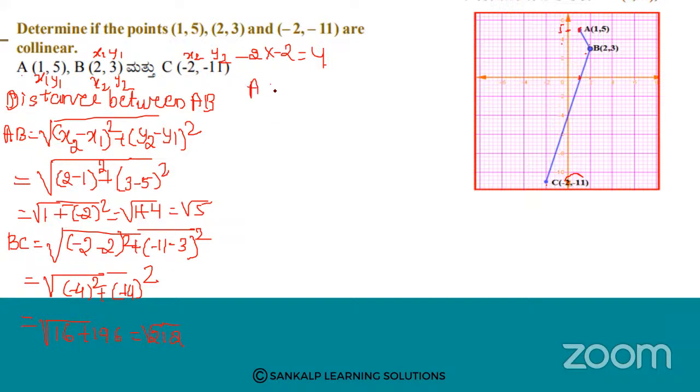Now calculate the value of AC. How are we going to find out AC? Consider A to C. When A to C, this is x1, y1 and this is x2, y2.